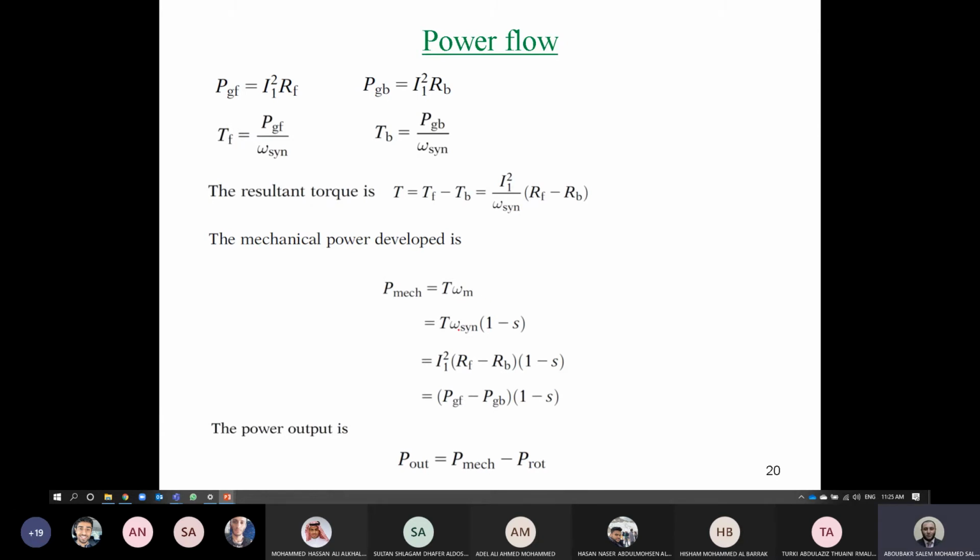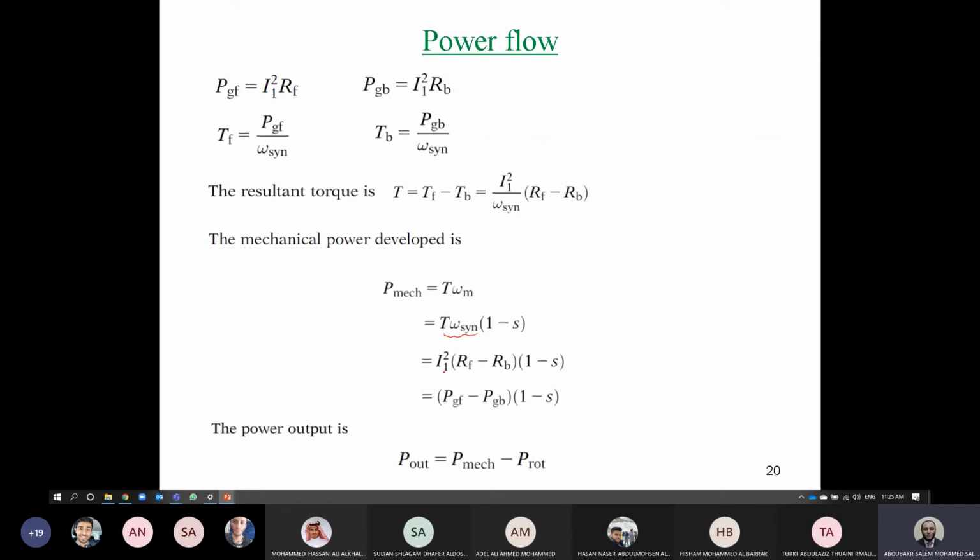And you know omega m equals omega synchronous multiplied by 1 minus s, which is equivalent to, as in the three-phase induction motor, P mechanical equals 1 minus s multiplied by P gap. This is 1 minus s, and this is P gap resultant value or difference, which depends on the difference in torque.